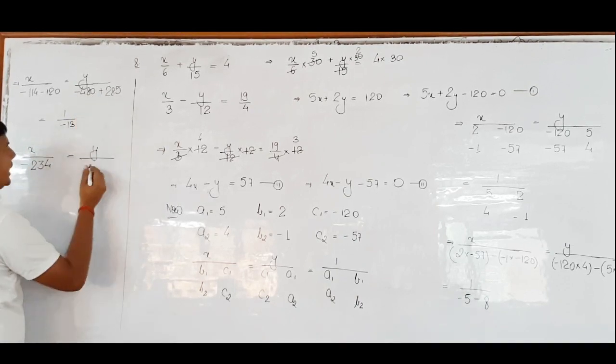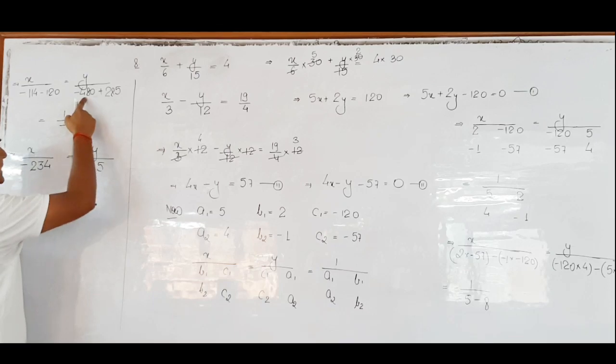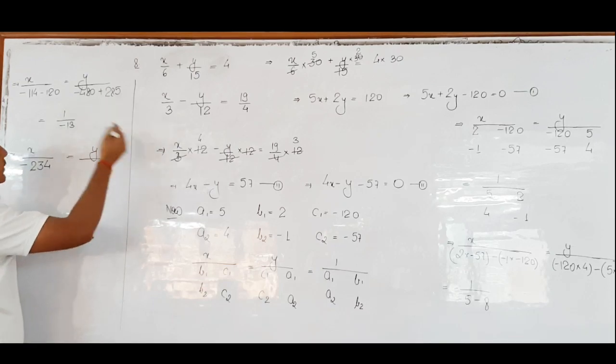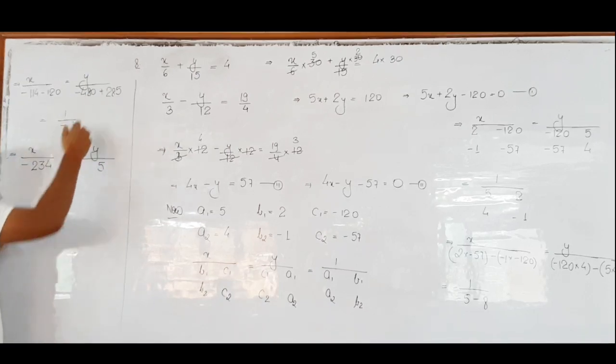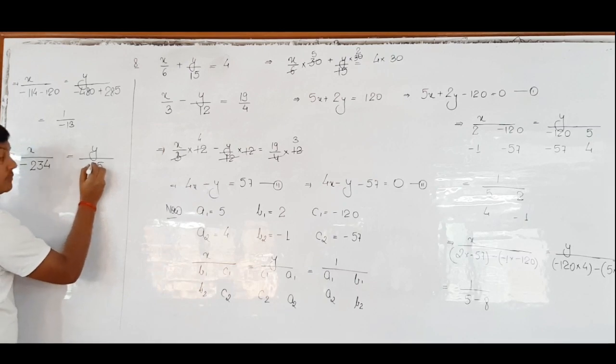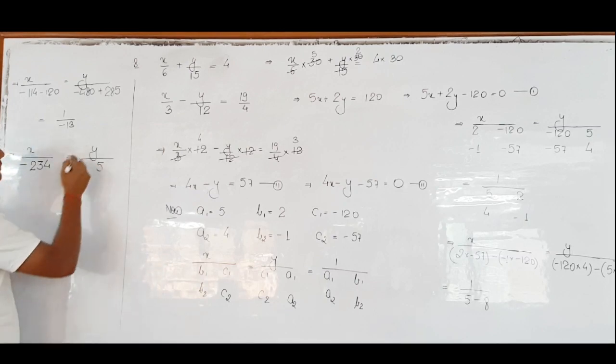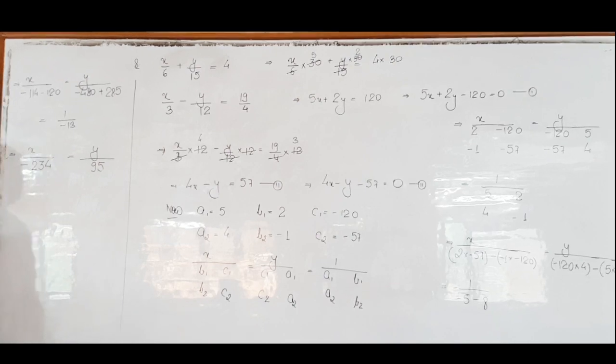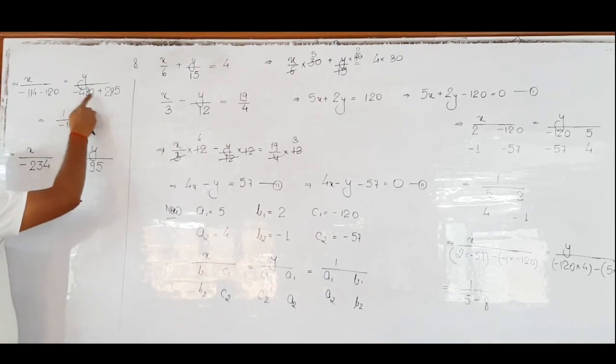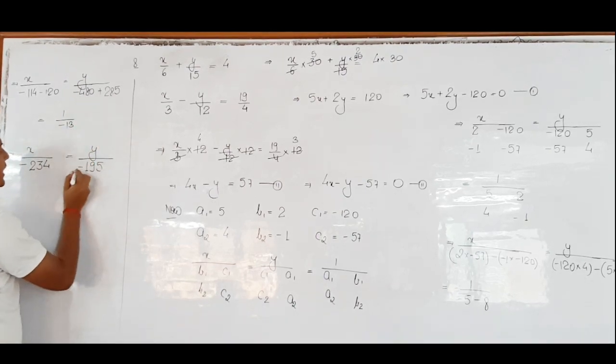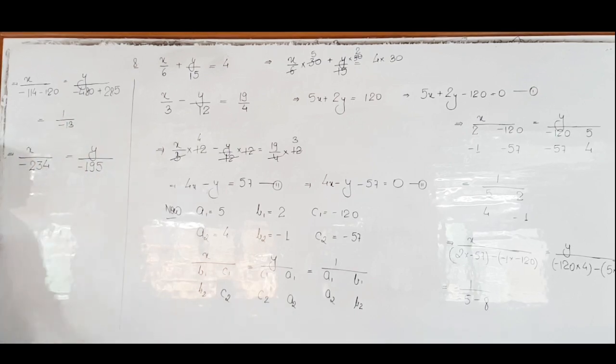So 10 minus 5, it's 5. 7 minus 8, we can't subtract, we will carry it. So 17 minus 8 is how much? 17 minus 8, it's 9. And 3 minus 2, it's 1. And as 480 is bigger, it's minus 195.